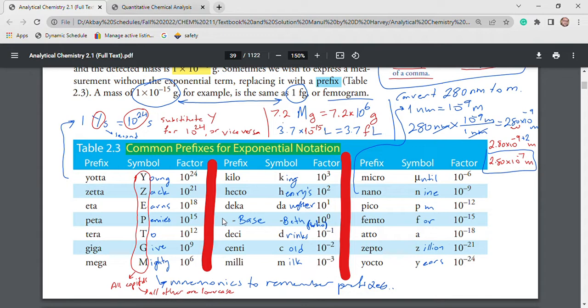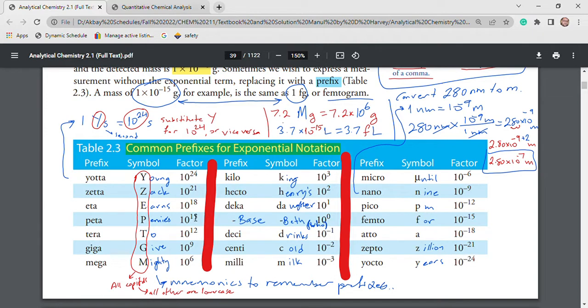The prefixes start with yotta and go down to yocto, and there are seven prefixes with capital-letter symbols, and all the rest of the prefixes are lowercase, as you see. So we have 10 to the 24th down to 10 to the negative 24th. So that's tiny. It's very small.